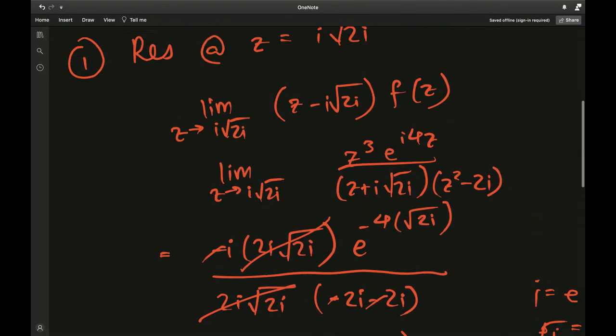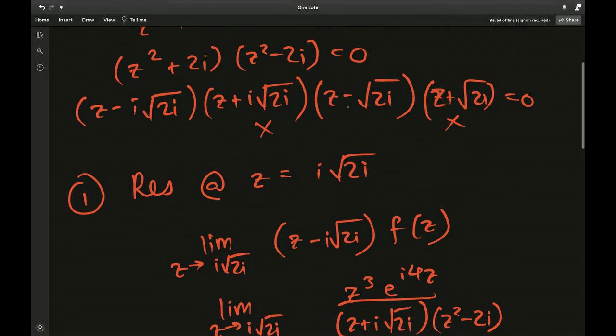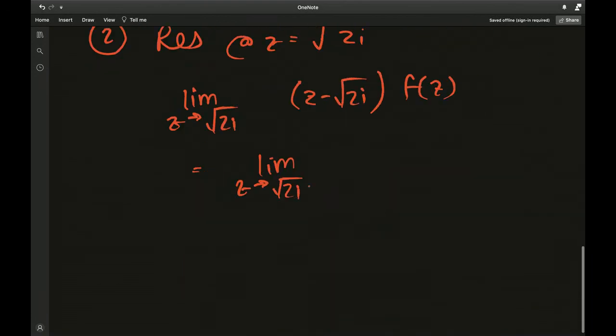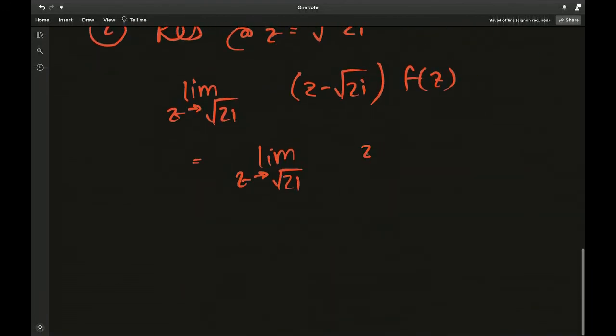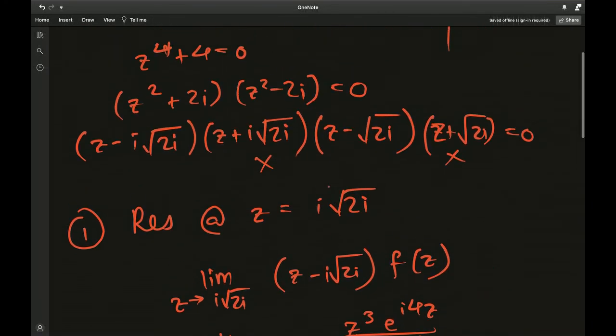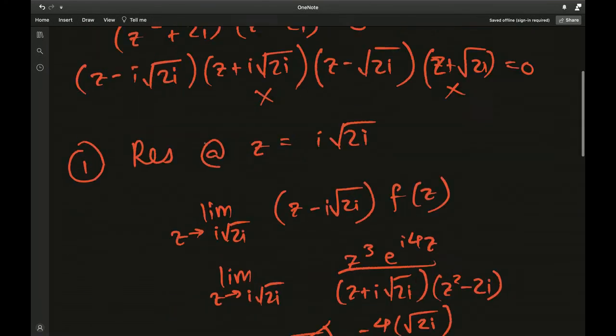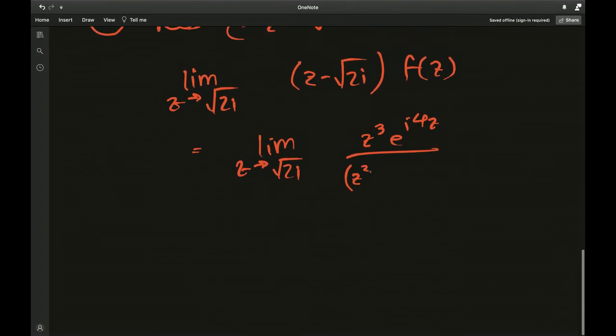This will cancel out with one of this factor over here. We can recombine the first two guys. The numerator is as it is. Recombining these last guys, we'll have z squared plus 2i and then z plus square root 2i, because the minus 1 just cancelled out.